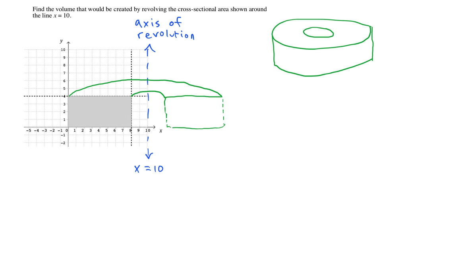I'm going to use the shell method to do this. And for that, I just have to pick an arbitrary point to draw a typical cross section. And it'll look like this.